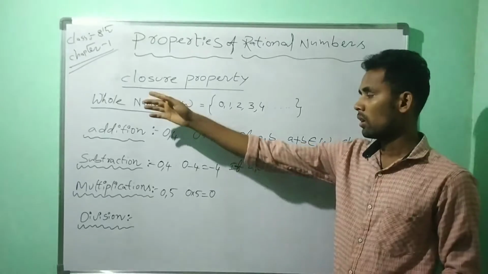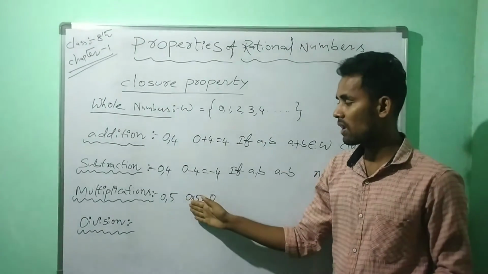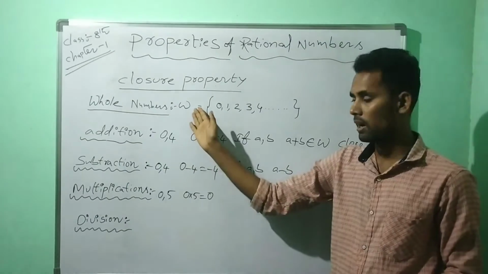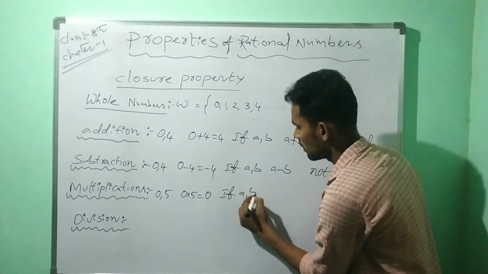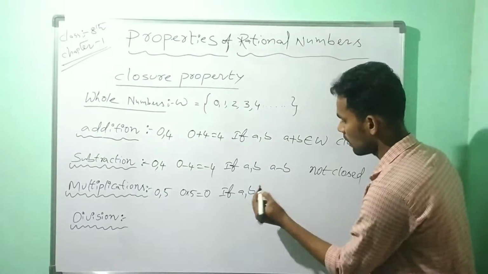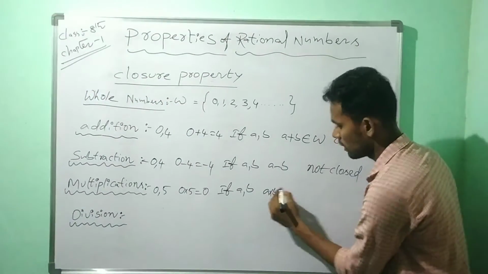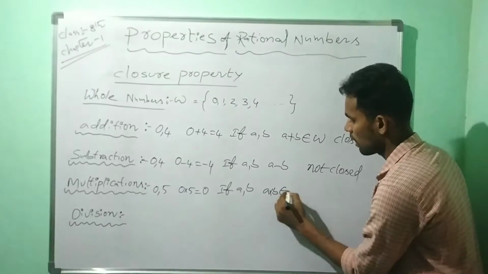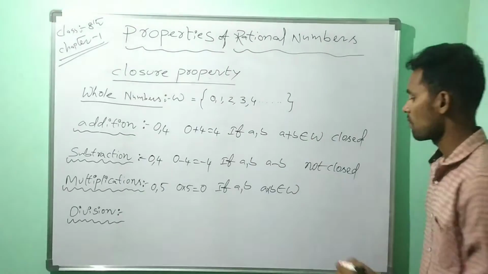So the closure property is satisfied under multiplication in the set of whole numbers. If A and B are any two whole numbers, then their product A into B is also a whole number. So whole numbers are closed under multiplication.